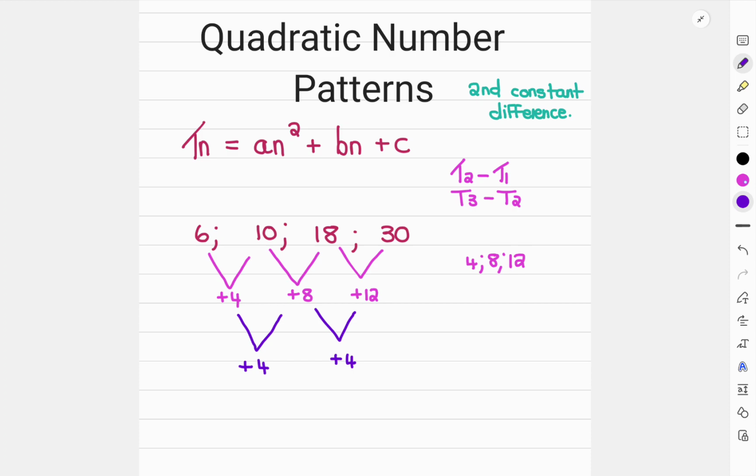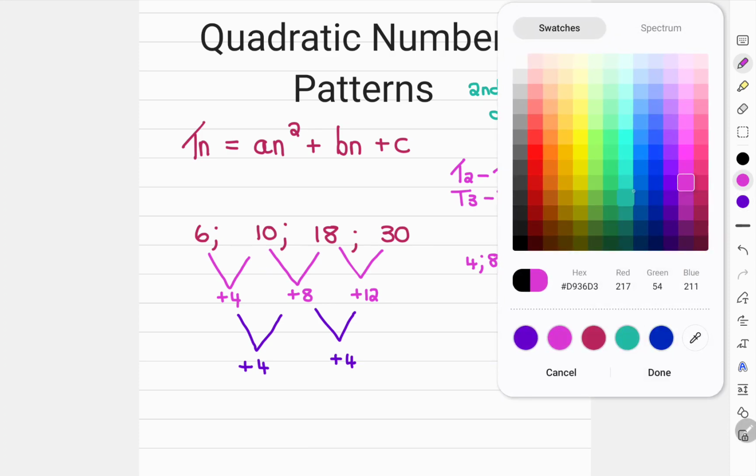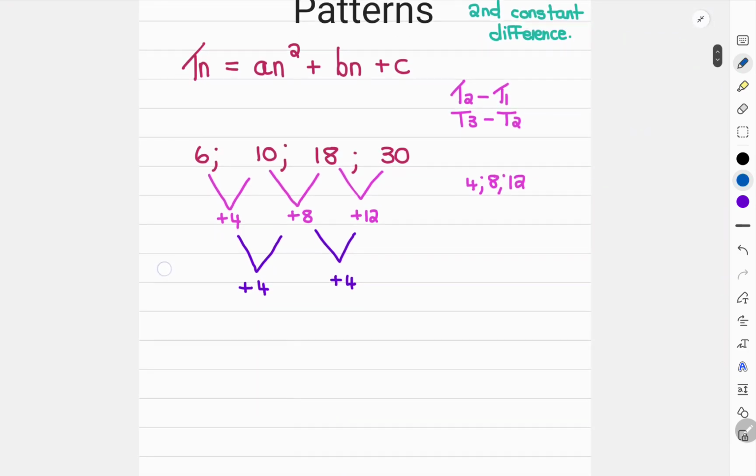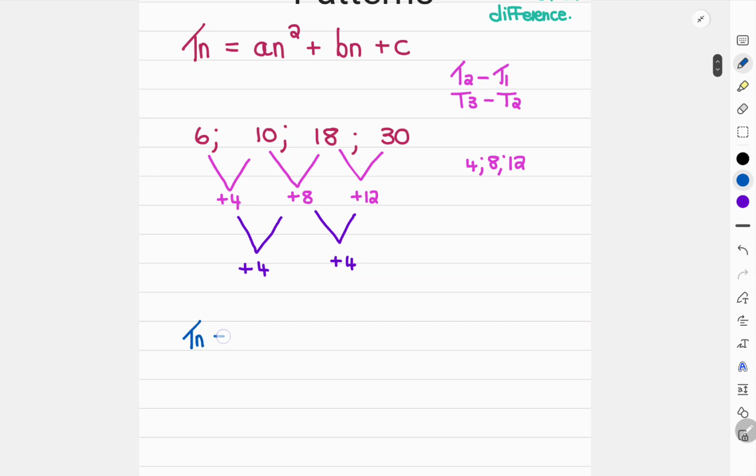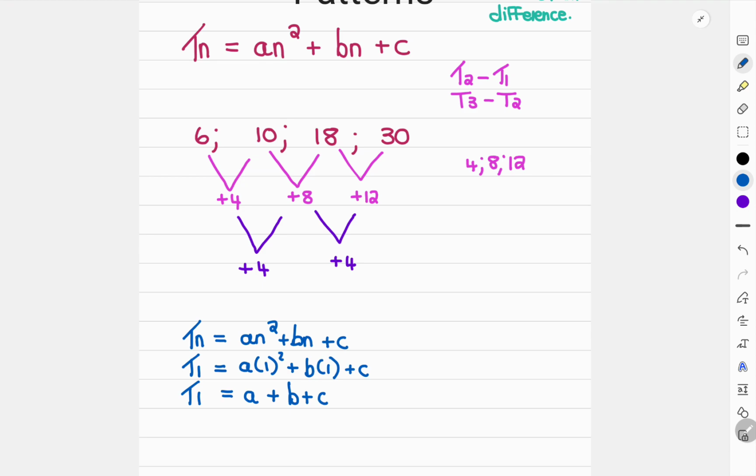Now, if you replace term 1's value into your Tn is equal to an squared plus bn plus c, in terms of a, b, and c, everywhere where the n is a 1, you will end up with this equation. 1 squared is 1, 1 times a is a, a plus b plus c, because 1 times b is also b.